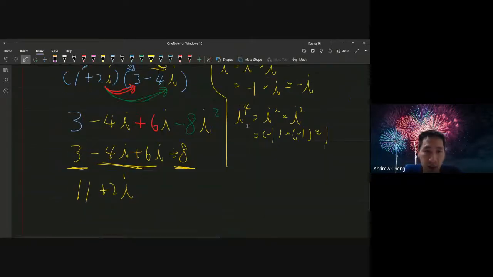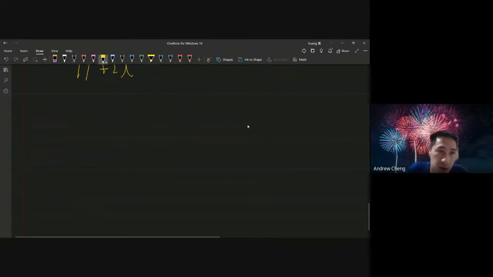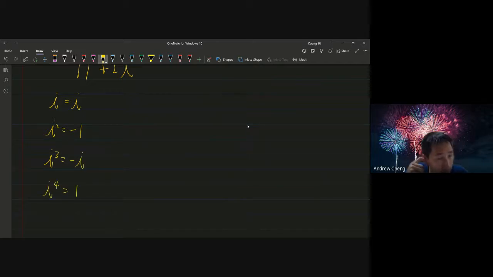So i itself equals i, and then i squared is -1, and then i cubed is -i, and then i to the power 4 is 1.